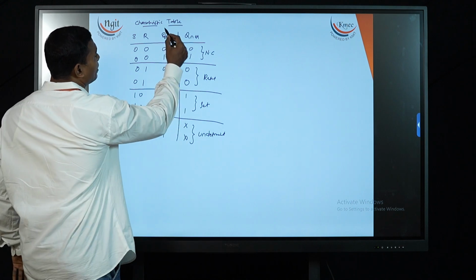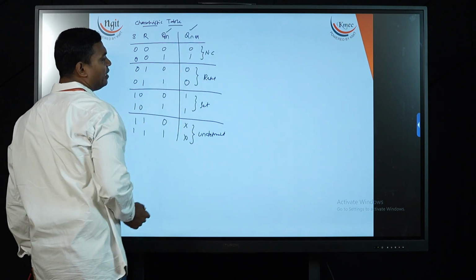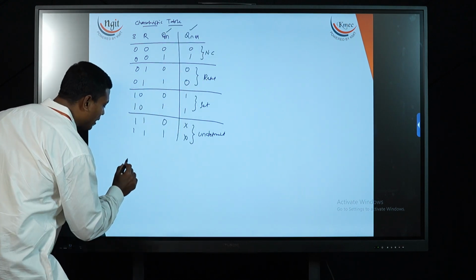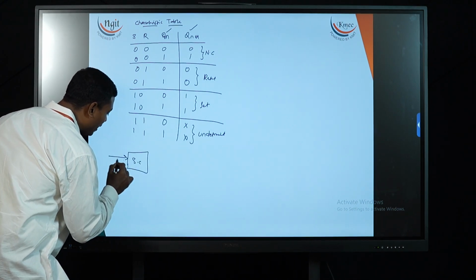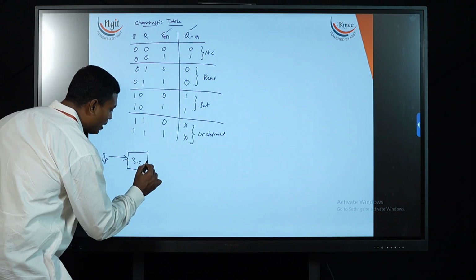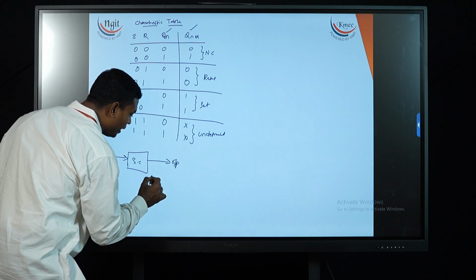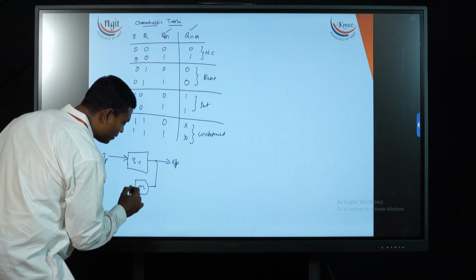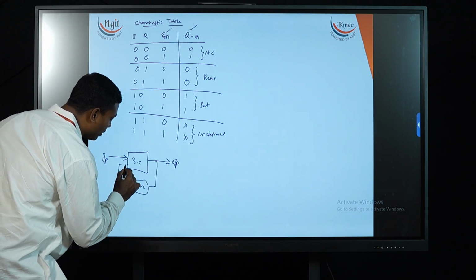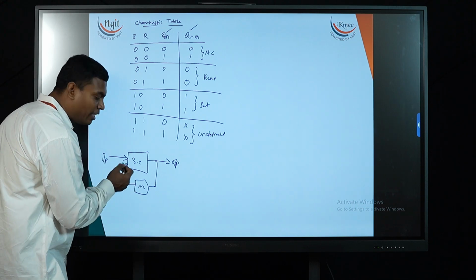This is my present state. This is my next state. How is the next state getting generated? For a sequential circuit, I am providing input and getting an output. This output we are storing in a memory element, and again this value I am feeding along with my input.